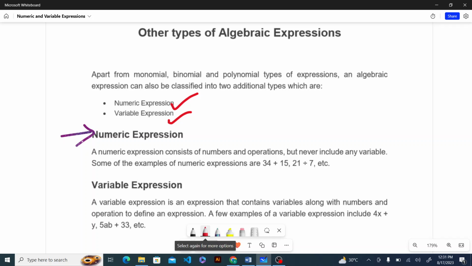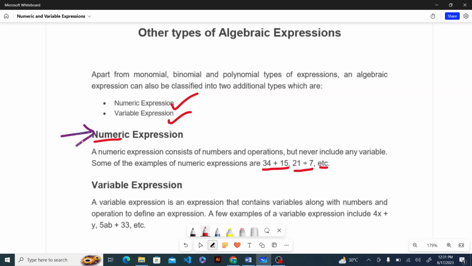So the definition is: a numeric expression consists of numbers and operations but never include any variable. Some of the examples of numeric expressions are 34 plus 15, 21 divided by 7, etc. Okay, so students, as it is obvious from the name that numeric expressions will include only the numerals. Numeral means numbers.